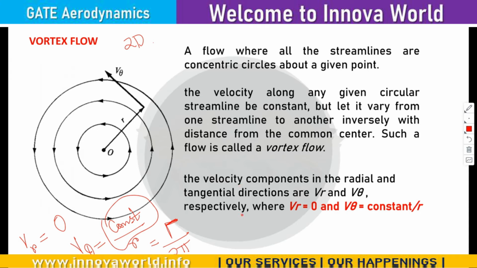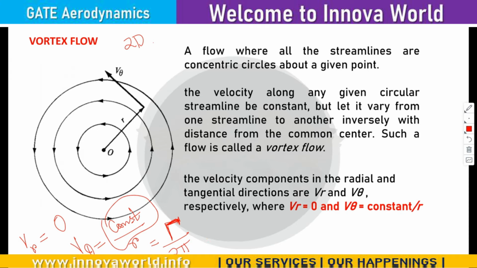Again, you may ask, ma'am, what is the notation of strength? This is the capital gamma, just like circulation. That means we can state that there will be existence of circulation. We cannot say that circulation will be 0 over here.